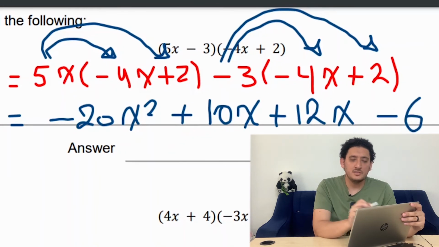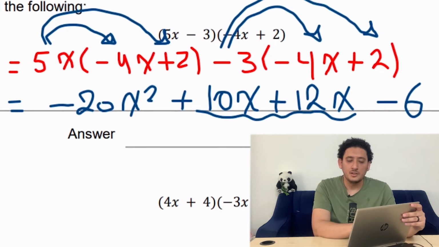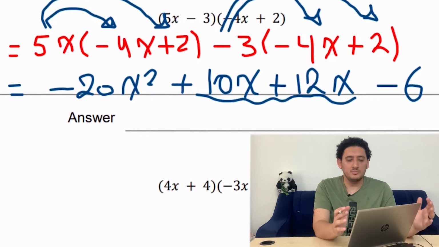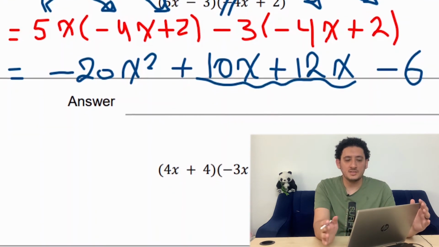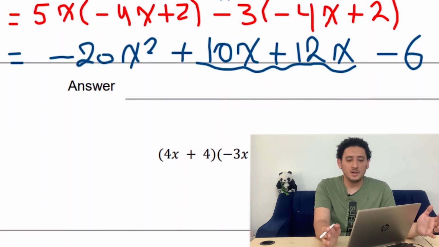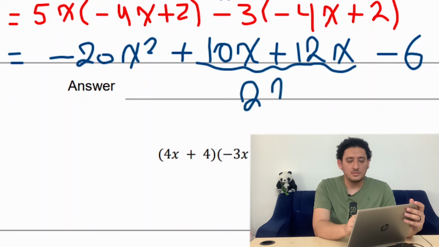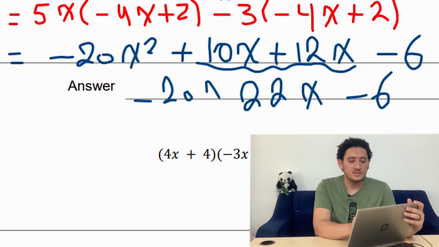Now we will collect the like terms. When I say 10x plus 12x, what does it mean? It means you are adding 10 of the type x plus 12 of the same type. It means 22x. The minus 6 will be the same, and the negative 20x squared will be the same.